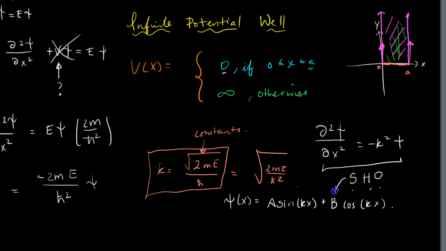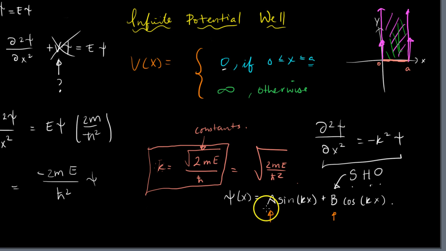We just solve this second order partial differential equation. Now we want to find essentially a and b, and then we're done. We've solved for the stationary states, and we can make a generalized wave function based on these stationary states. But the problem is solving for this a and b.